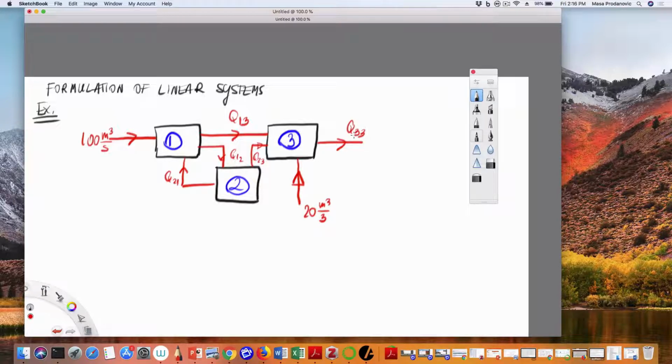But in this case, I have no accumulating point or sink other than those things going out of the system, like Q33. So whatever comes in has to come out. What can you tell me immediately about Q33? That is my only line out of this system.